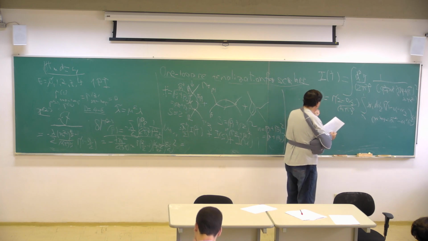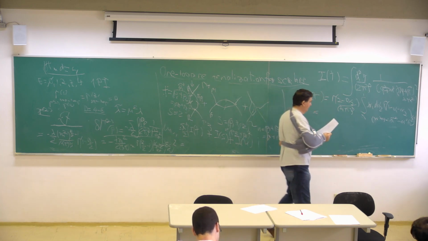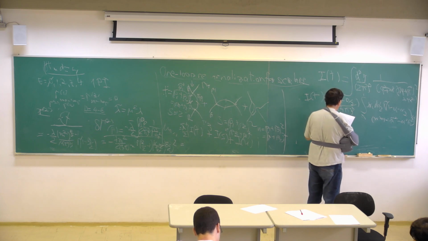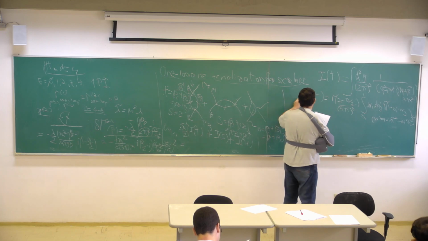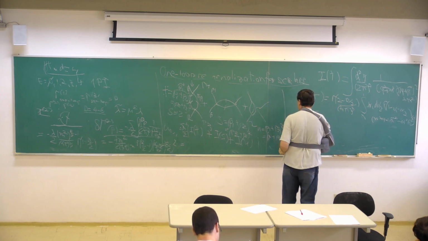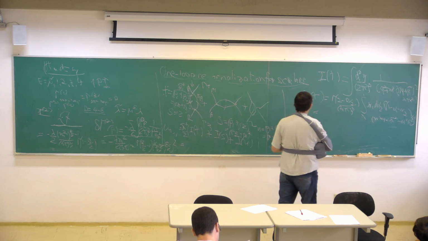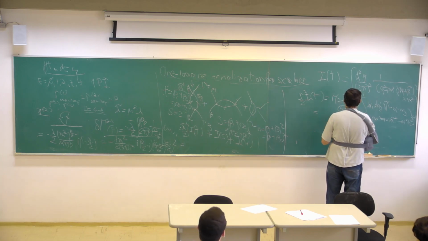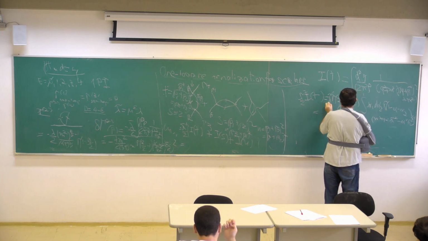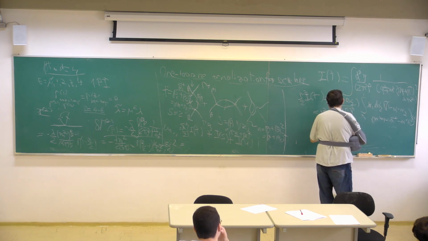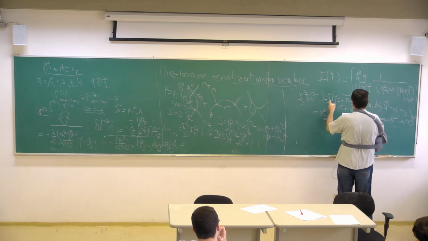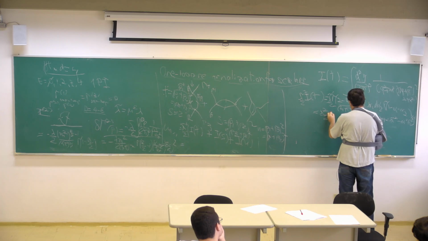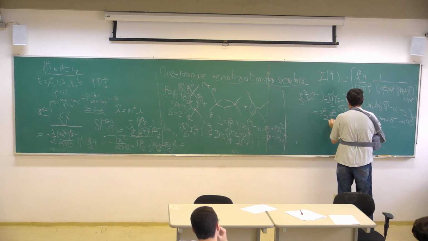So let's write it in terms of epsilon. Actually, sorry, I have to put lambda tilde squared over 2, because this also depended on the parameter epsilon through the dependence on mu.